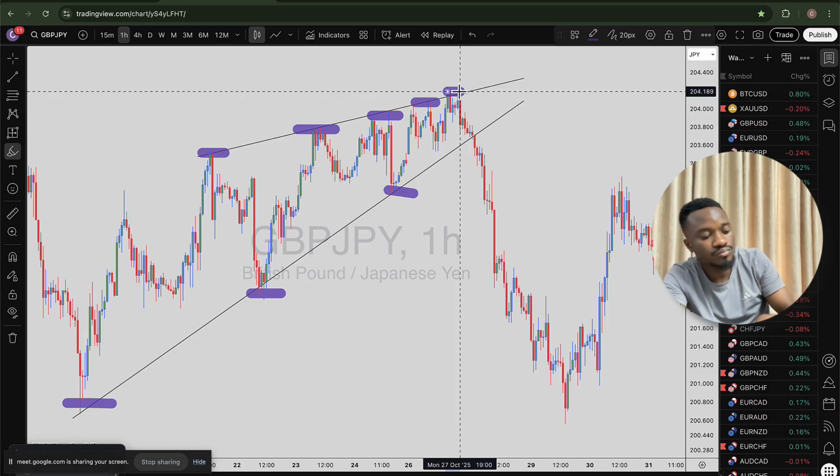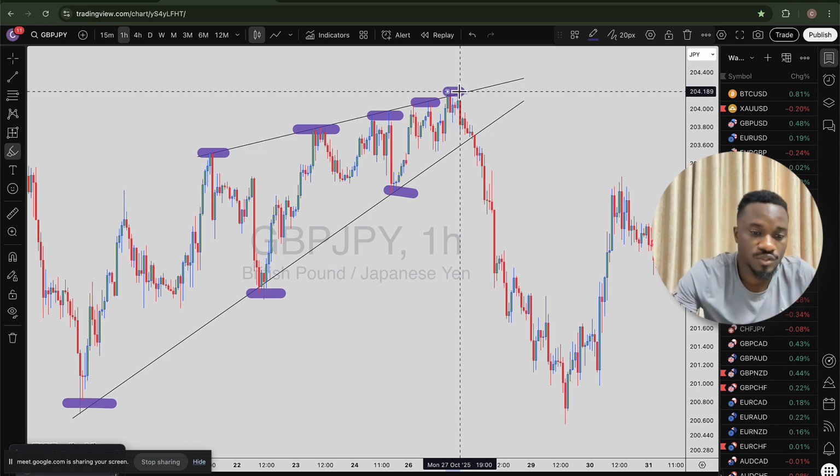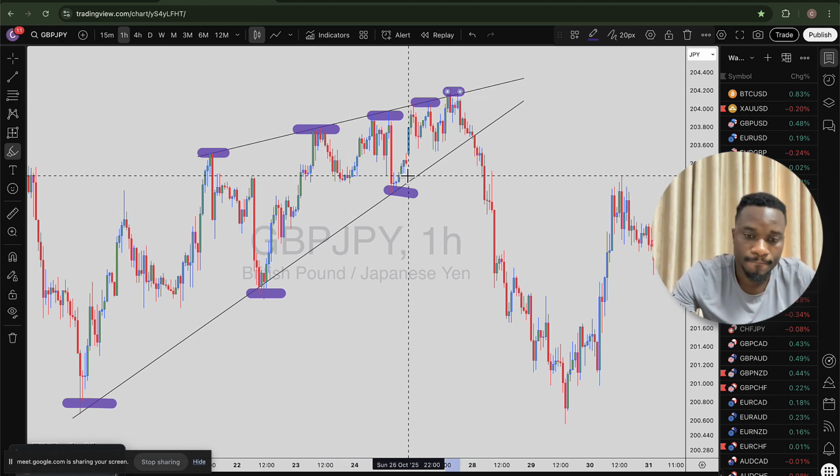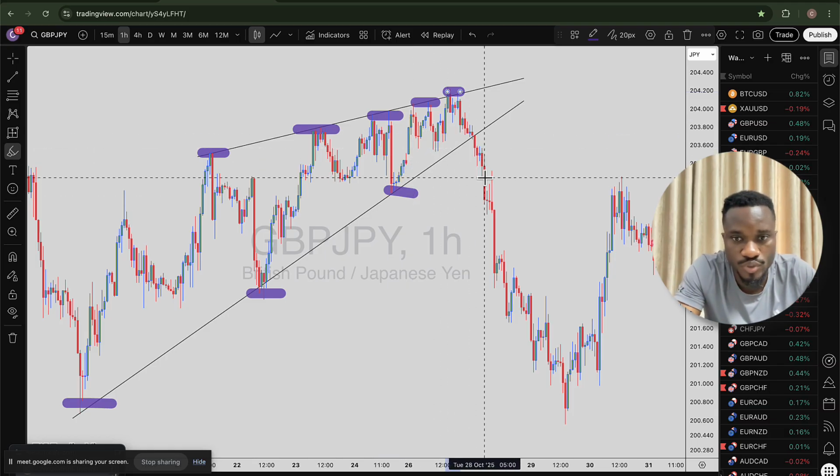This pattern was formed on the 26th of October 2025, and on the 1 hour chart, it's a rising wedge. After we have this rising wedge, price went all the way down.